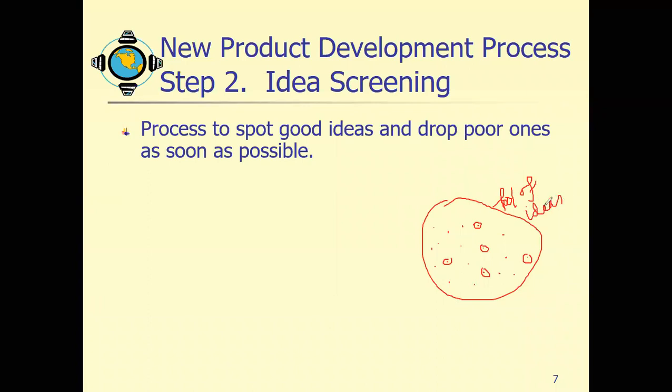So from this pool, we pick the good ideas, and only these are the poor ones. So we will drop the poor ones and pick the good ideas. This process is called idea screening.